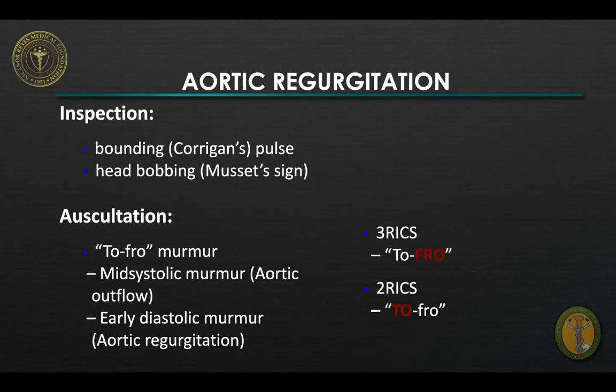Aortic regurgitation on inspection will give you a bounding Corrigan's pulse. You can also see Musset's sign, which is head bobbing. On auscultation, you can hear a to-and-fro murmur: a mid-systolic murmur in the aortic outflow, and an early diastolic murmur of aortic regurgitation.